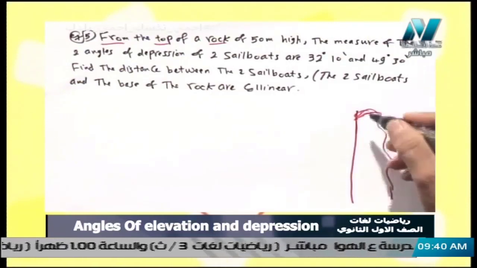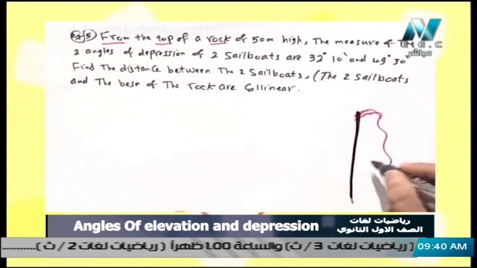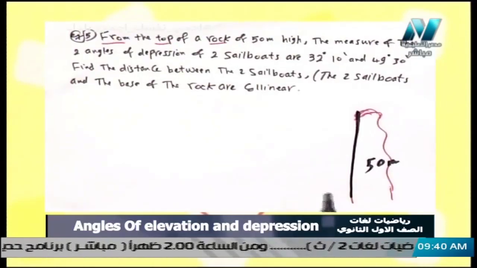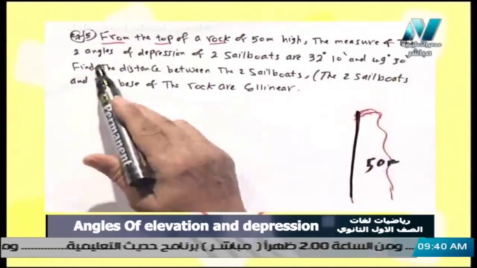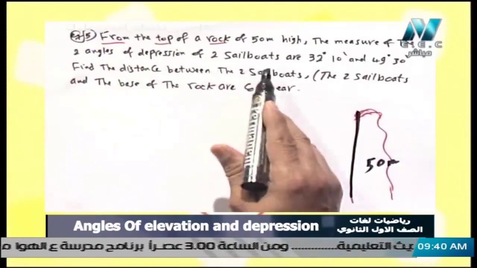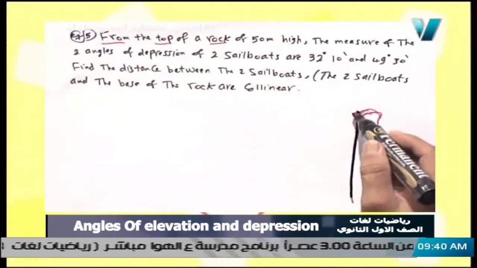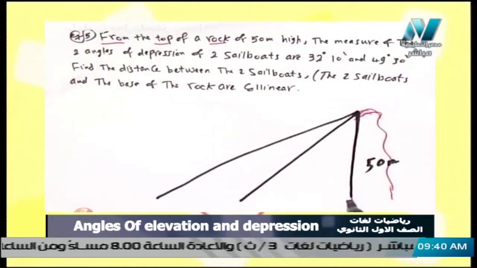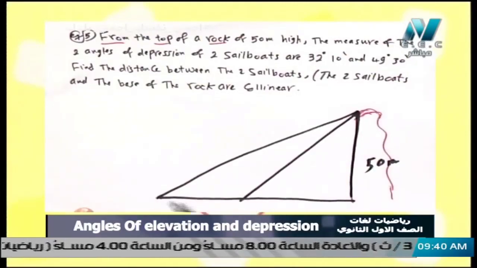So its height here is 50 meters. The measure of two angles of depression of two sailboats. So we have here two sailboats, and this is the sea level.